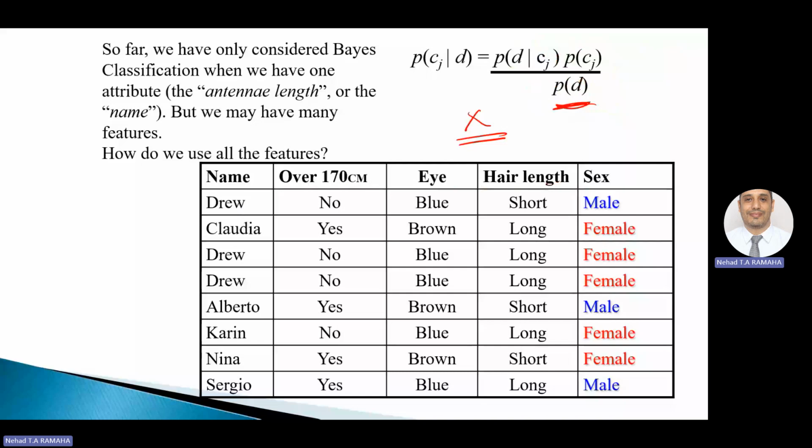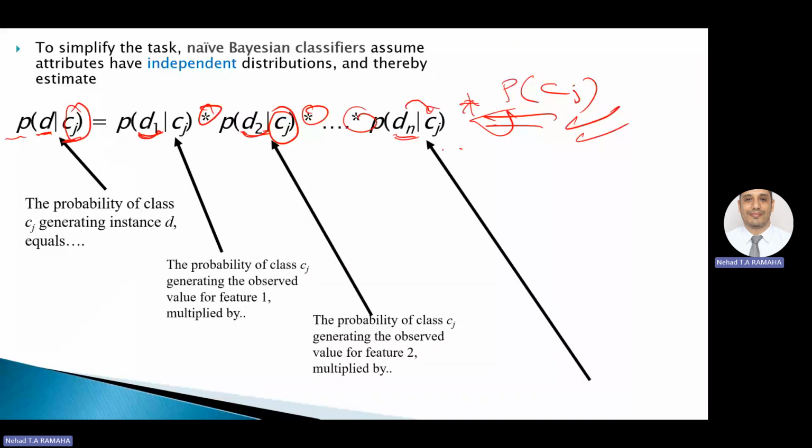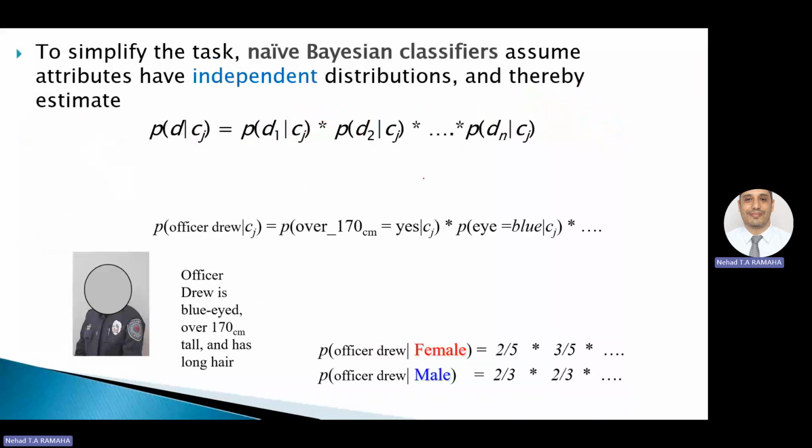We eliminate only this one. So this is the general rule for the naive Bayes classifier. So we name this one naive Bayesian classifier. Okay, so what's this one?